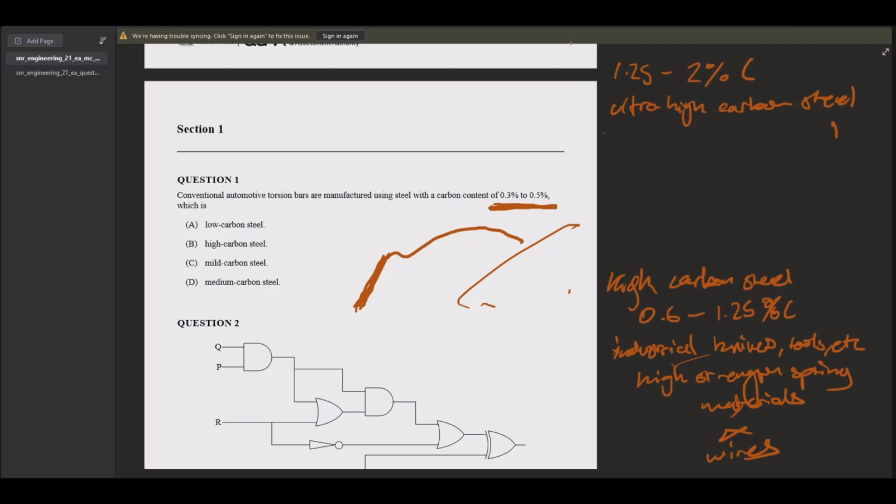That's going to be that we're going to use ultra high carbon steel for non-industrial and or highly tempered, just tempered knives, tools, etc. And that's knives, punches.